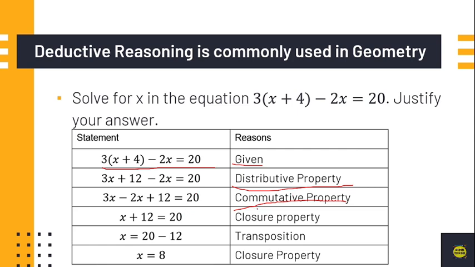Then the commutative property, combine like terms, and the closure property, approaching the final answer. That is an example of deductive reasoning.